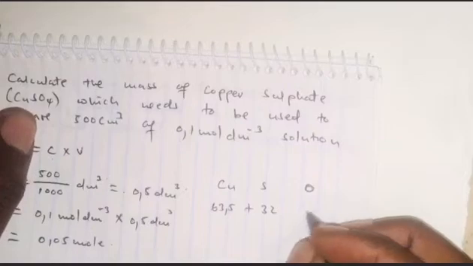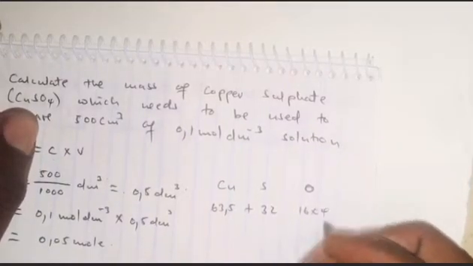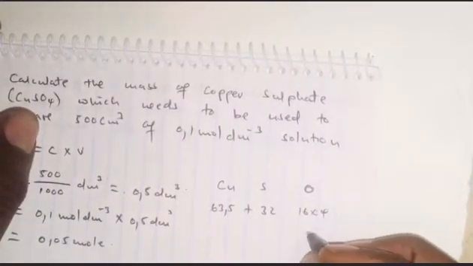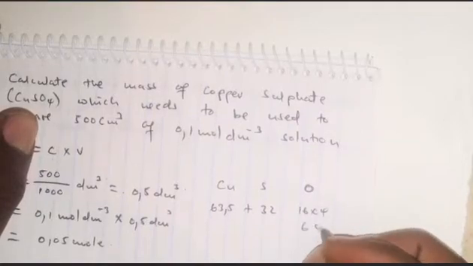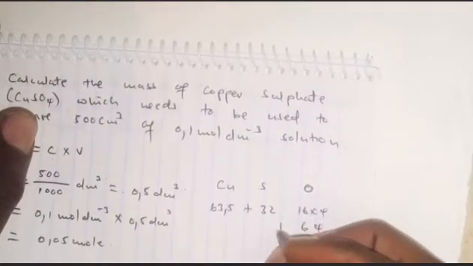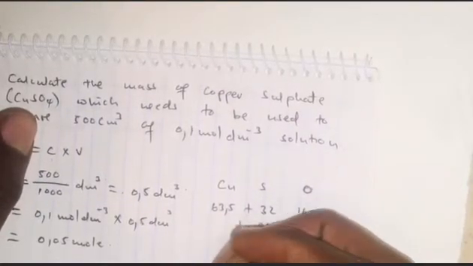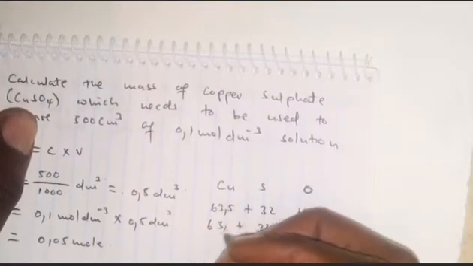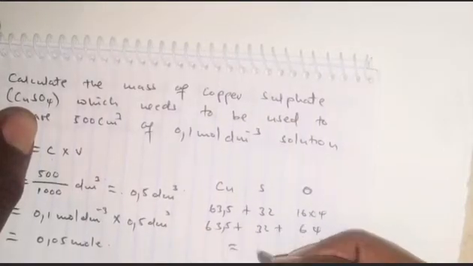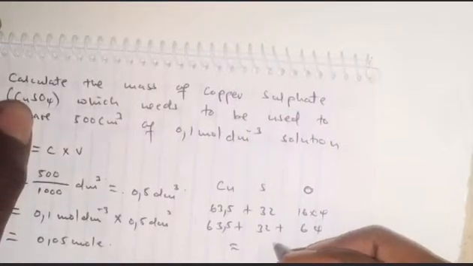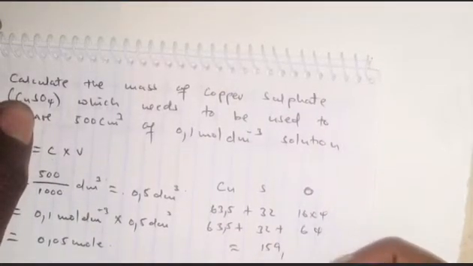Then the atomic mass of oxygen is 16 multiplied by 4, which is equals to 64 here. This plus 32 plus 63.5, and of course this gives me 159.5 grams.